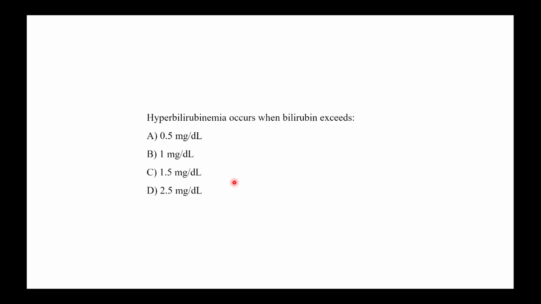Moving to the next question now. Hyperbilirubinemia occurs when bilirubin exceeds: option A, 0.5 mg per dl, option B, 1 mg per dl, option C, 1.5 mg per dl, and option D, 2.5 mg per dl.